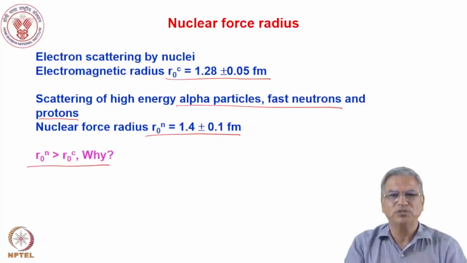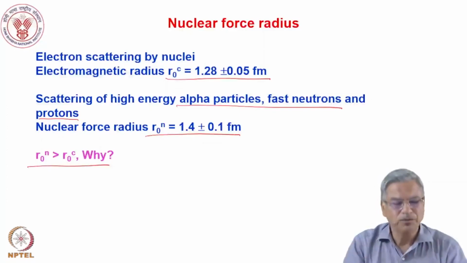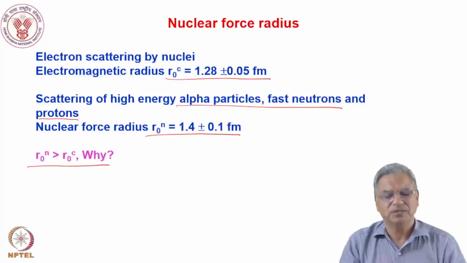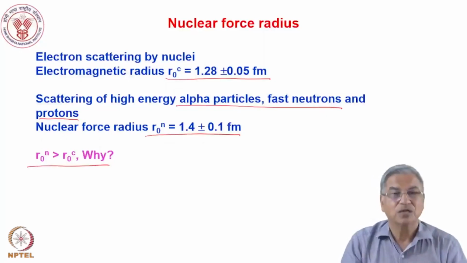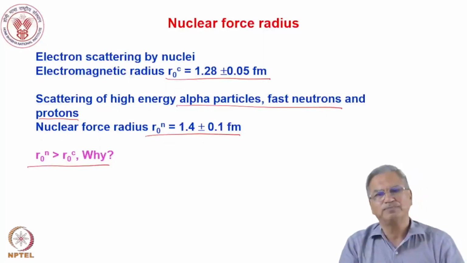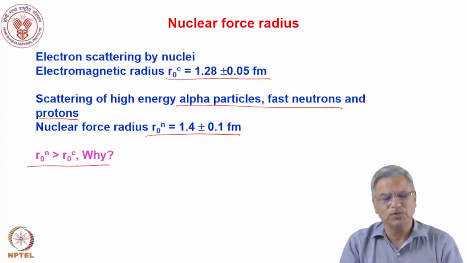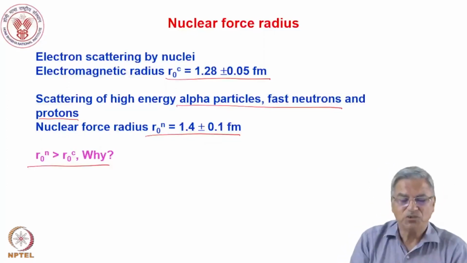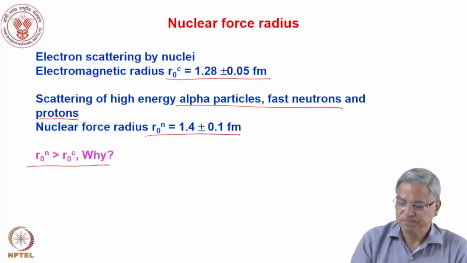So the neutron distribution extends to larger radii compared to the proton distribution, and that is why the nuclear force radius is more than the electromagnetic radius. In our calculations, subsequently we will be using the nuclear force radius, R0 1.4 for this.